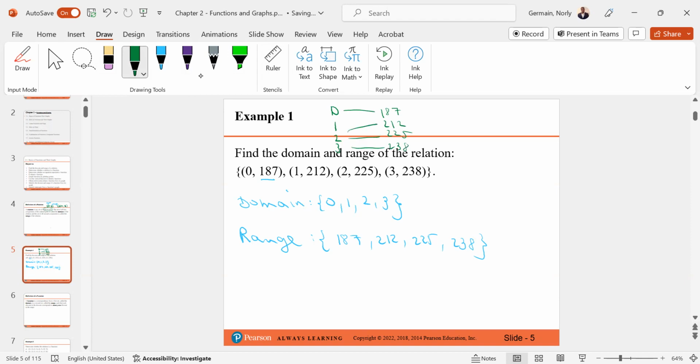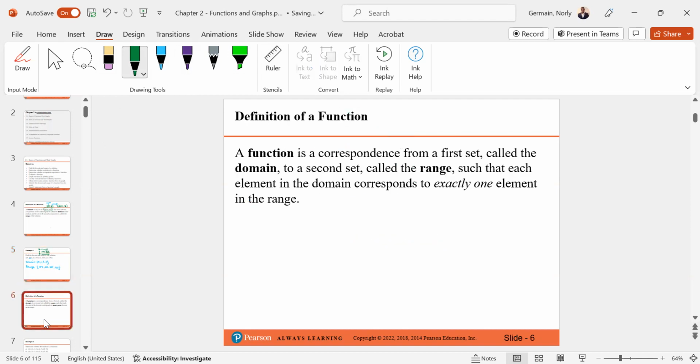So each of them goes to one. And to do that, we said a function is a correspondence from a first set called the domain to a second set called the range, such that each element in the domain corresponds to exactly one element in the range.